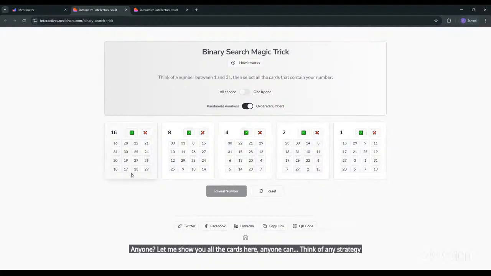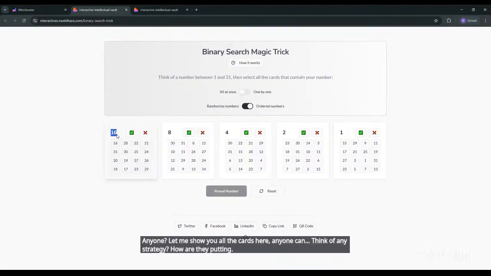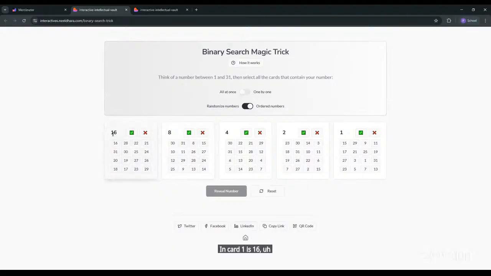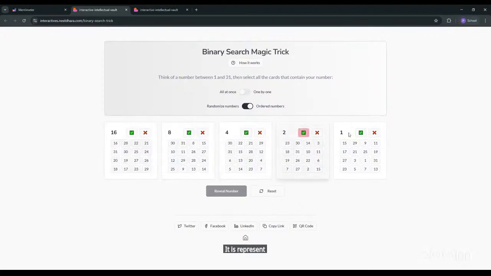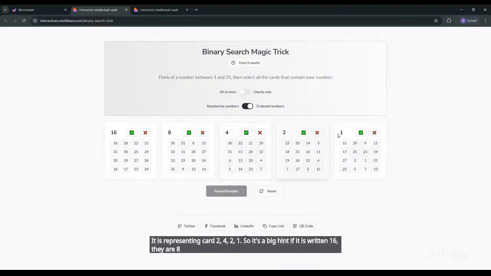Card one has 16 numbers. The number in the top left side, 16, is representing card one, 8 is representing card two, 4, 2, 1. So it's a big hint that 16 is written there, 8 there, 4 there, 2 there, 1 there.